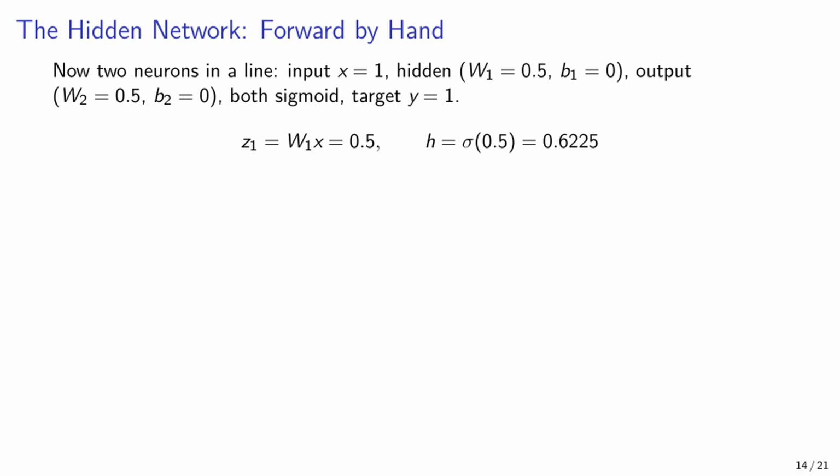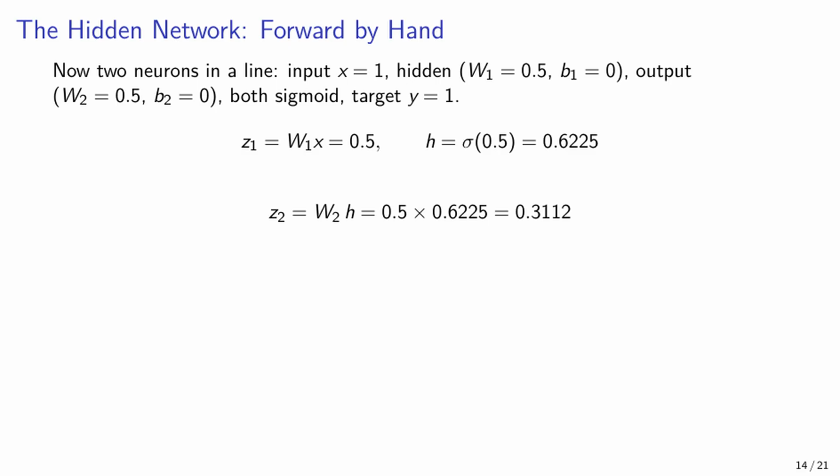Two neurons in a line now. Input 1, a hidden neuron with weight 0.5 and bias 0, feeding an output neuron with weight 0.5 and bias 0, both sigmoid, target 1. First layer, z1 is the weight times the input, 0.5, and the hidden value is the sigmoid of that, 0.6225.